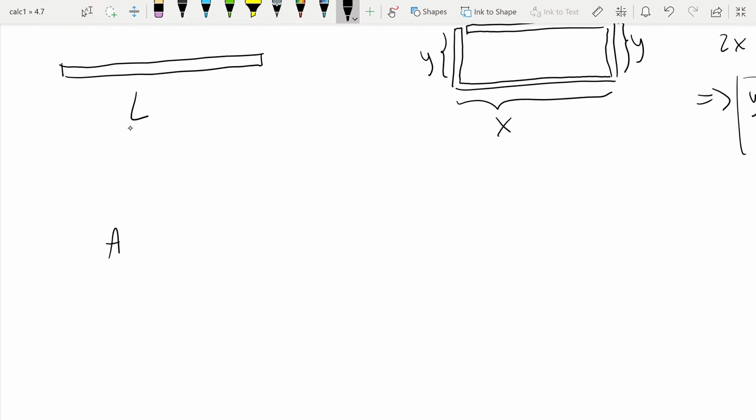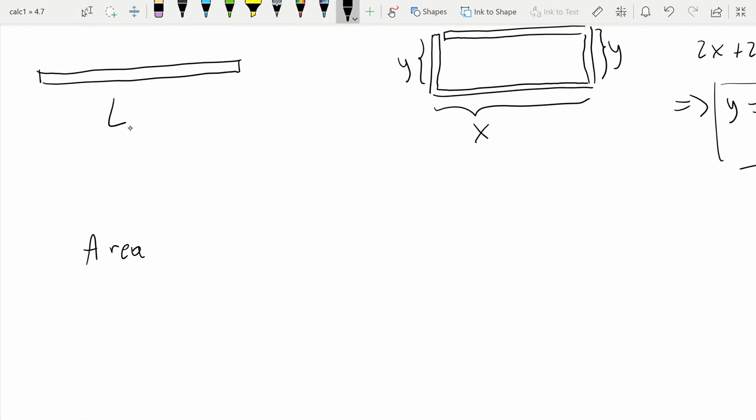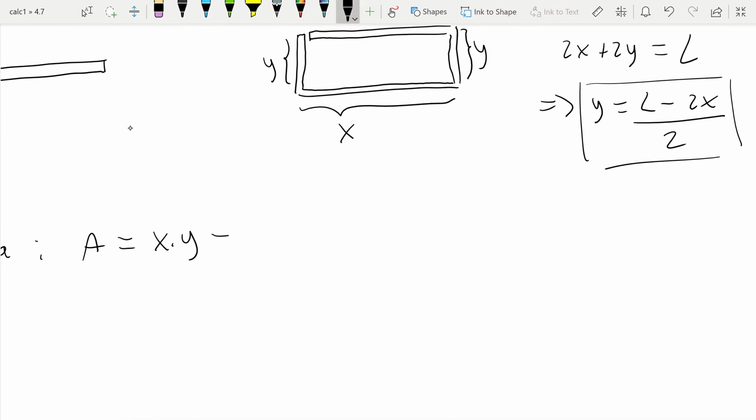So now the area, what is the area? The area is x times y. But we want a function of only one variable, and y is completely determined by x. So this is just x times (L minus 2x) over 2.